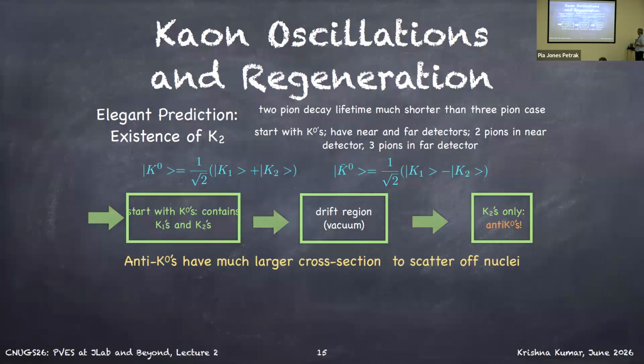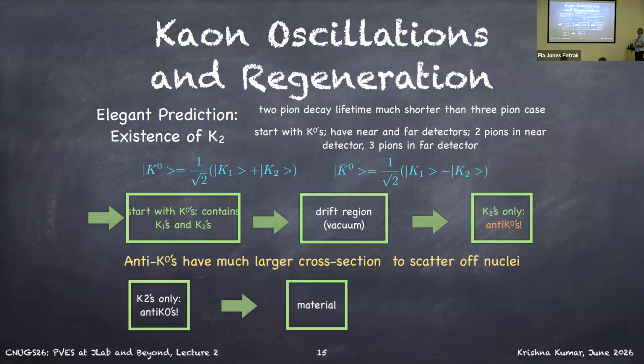Okay, so now here is the next part of the experiment. The K0 bars have a much larger cross section to scatter off nuclei. So now, if I take the K2 beam and put material in front of it, I will remove all the K0 bars and I will end up with just K0s. That means I took K2s and now I have K1s again.